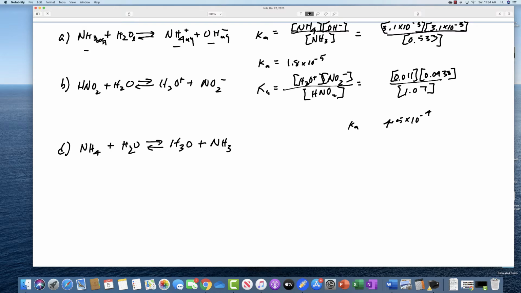Now what we're doing here is it's a situation where this is acting as an acid, whereas up here, it's actually the reverse of this reaction in this regard.